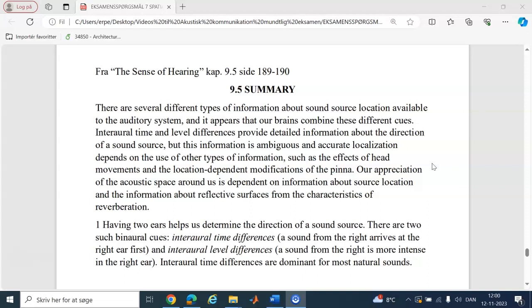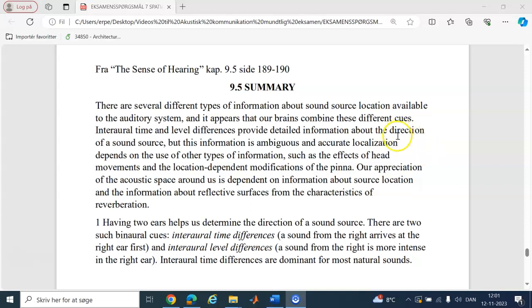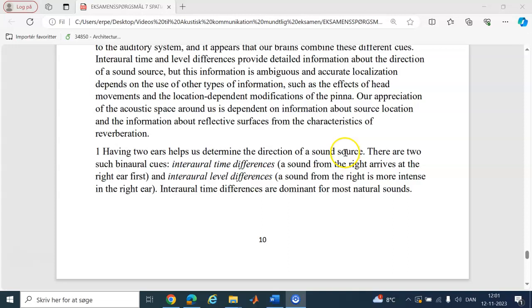Our appreciation of the acoustic space around us is dependent on information about source location and the information about the reflective surfaces and the characteristics of reverberation. Having our two ears helps us determine the direction of a sound source. There are two such binaural cues.